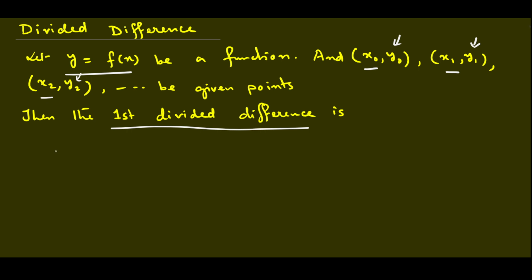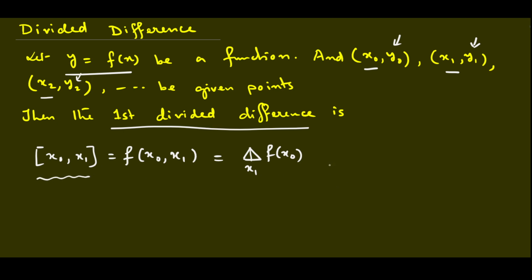The divided difference between two arguments x naught and x1 is denoted like this: f of x naught comma x1 within brackets. Or we can write it as delta f of x naught, or you can write y naught. I think this is a little bit easy to write.